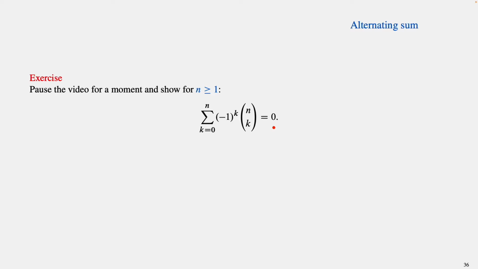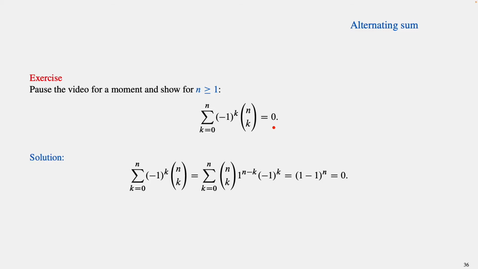It's maybe not too difficult to believe if you recall the symmetry in the Pascal triangle. And the solution to this is again using the binomial sum formula. So this is our alternating sum, and we can write this by again multiplying every summand by 1. So this is the sum from 0 to n of n over k times 1 to the power of n minus k times minus 1 to the power of k.